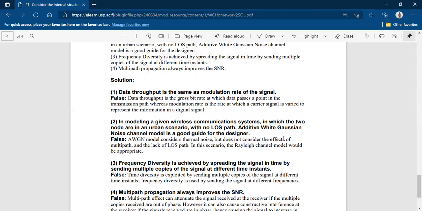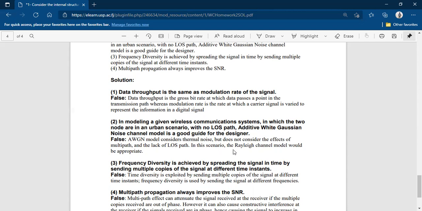You are adding something, right? So it is basically a noise analyzing model, right? It is not going to be taking into account any disturbances caused, or it won't be considering the line of sight paths, right?